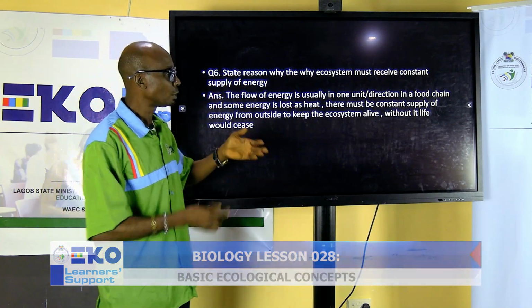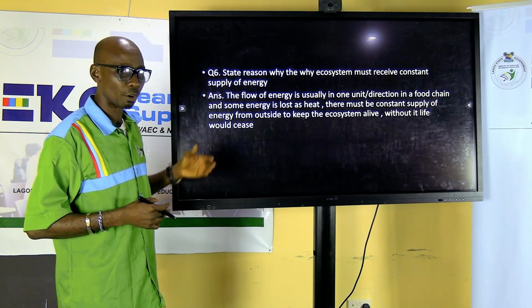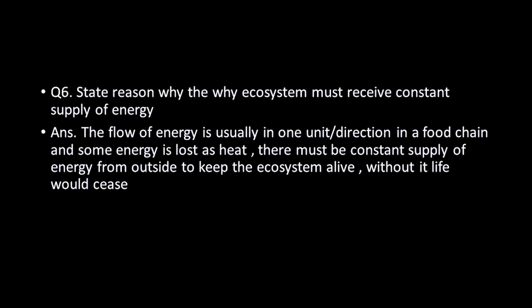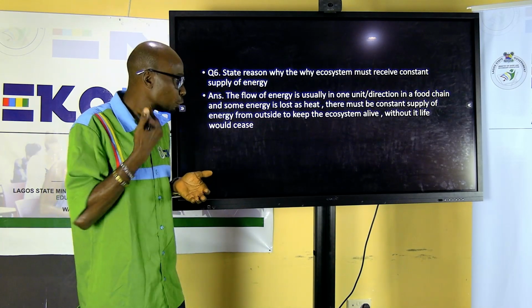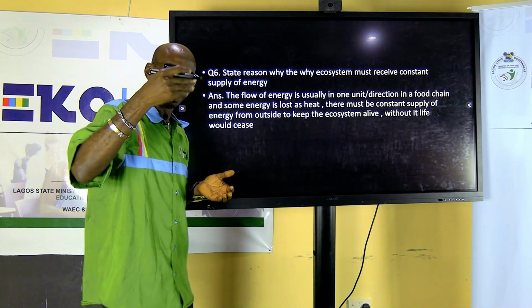So why does it need a constant supply of energy? The flow of energy is usually unidirectional in a food chain, from plants to animals, and some energy is lost along the line. As the energy flows, some is lost as heat. If you touch your body, you feel heat; you are losing heat.